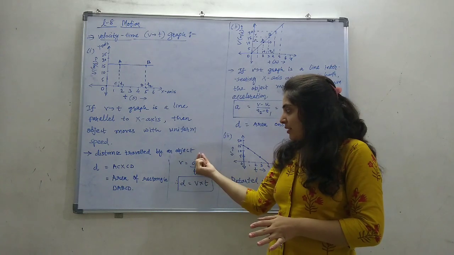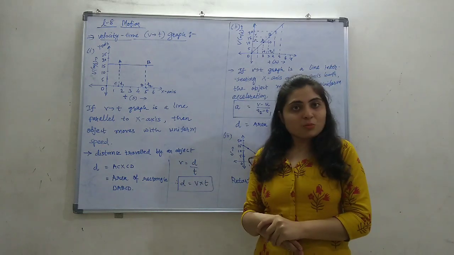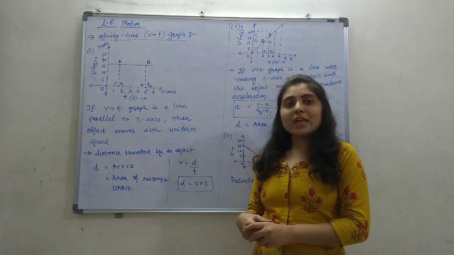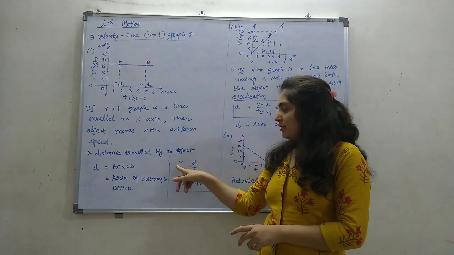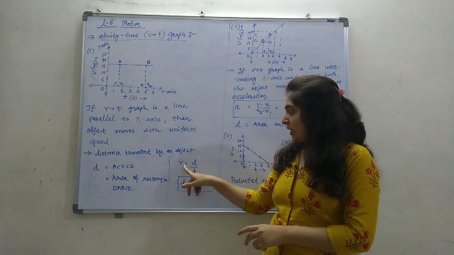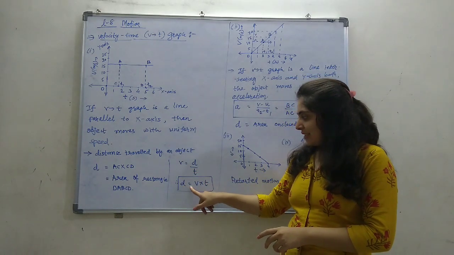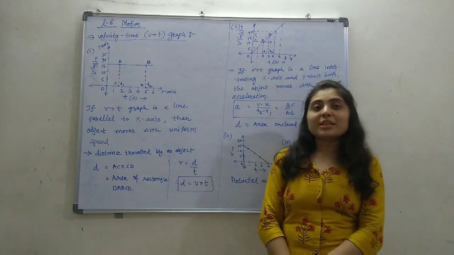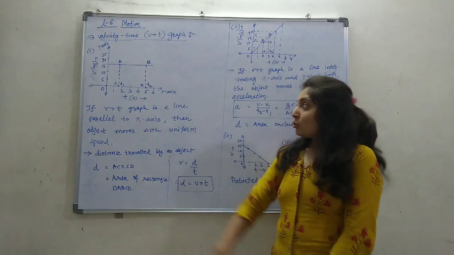We have speed equal to distance upon time, this simple formula. If t from the denominator goes to the other side, it becomes multiplication. So v into t is equal to d. Distance is equal to speed multiplied by time.